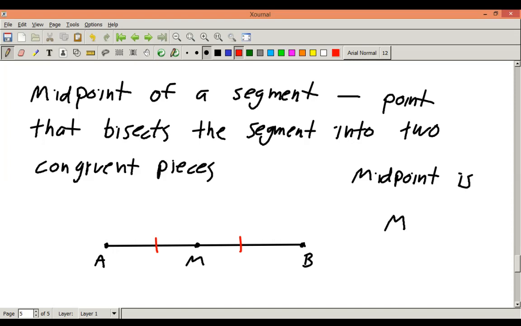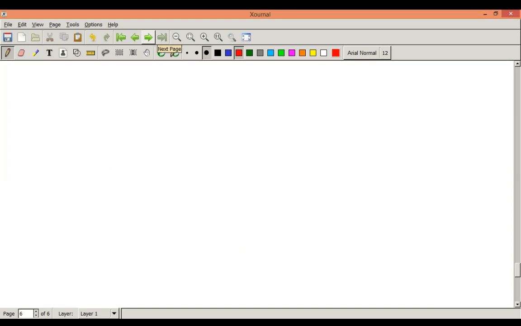Okay, one more thing along with that, and then I've got a couple examples from our assignment from the actual worksheet that I'll work with you. And that is segment bisector. What is a segment bisector? Well, some of these words tell you exactly what they mean.